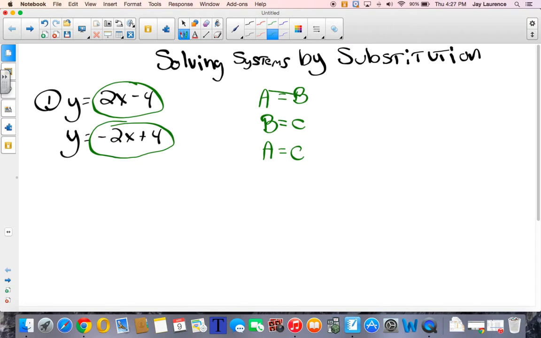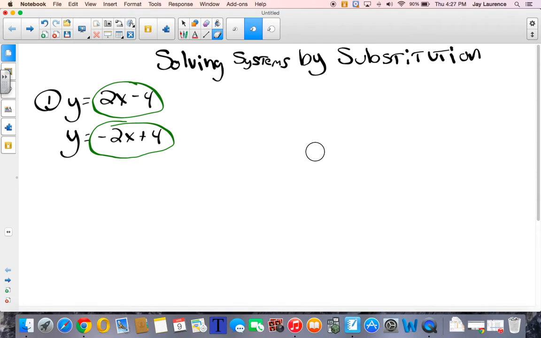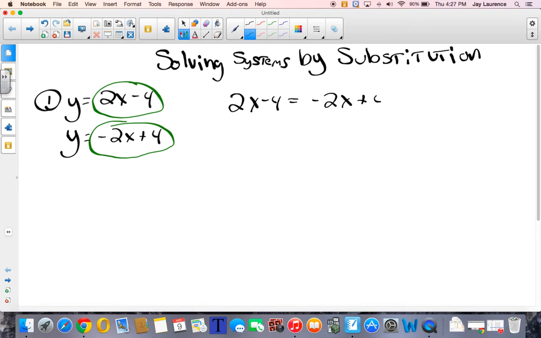So I can write these two equations as one brand new equation. I can take 2x minus 4 and make it equal to negative 2x plus 4.